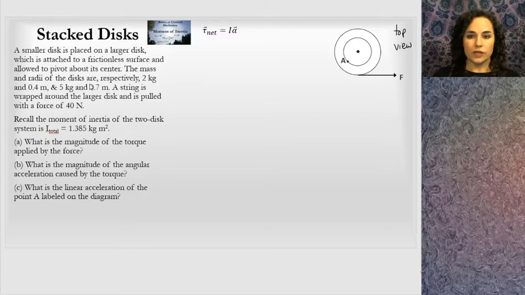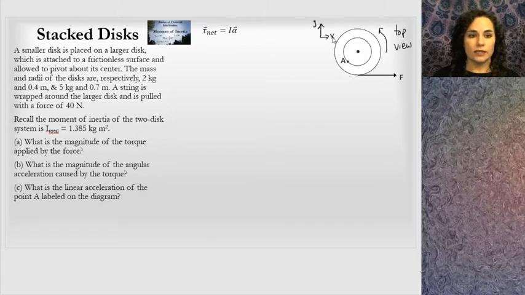The mass and radii are given. The string is wrapped around the larger disk and is pulled with a force of 40 newtons. So the string is pulling here with a force of 40 newtons, and I'm going to note that the whole system will rotate in the counterclockwise direction. And I'm going to assign a coordinate system already because the center of mass of this thing isn't moving. It's pinned down.